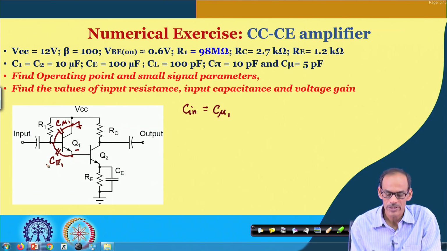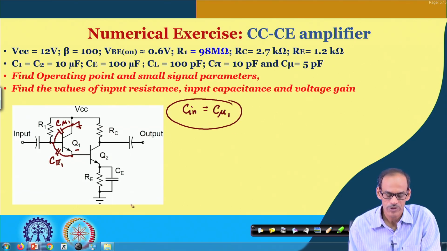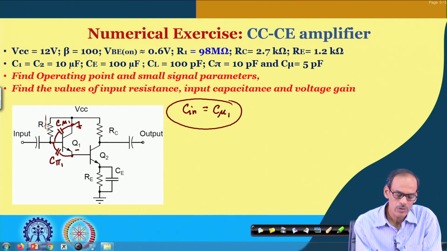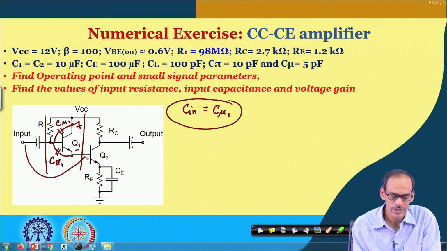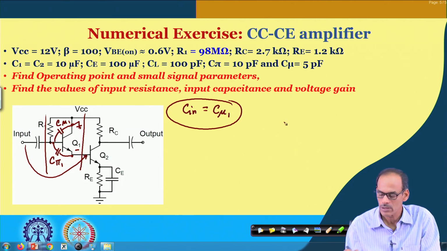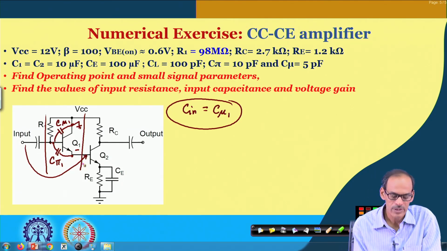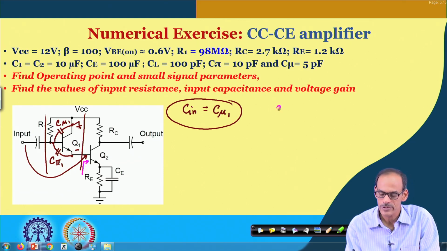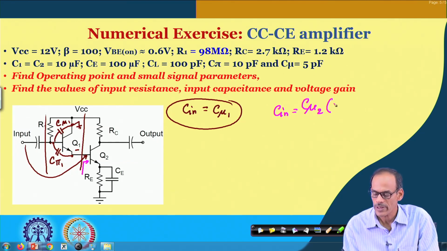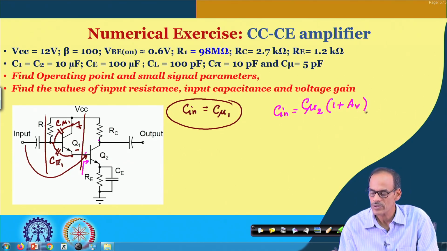So, this is helping us to reduce the input capacitance. You may recall that if you ignore the CC stage and directly consider this as the primary input, then the input capacitance at this node was C mu 2 multiplied by its voltage gain plus 1, and the voltage gain here is, we know, quite high, and then also the C pi 2.